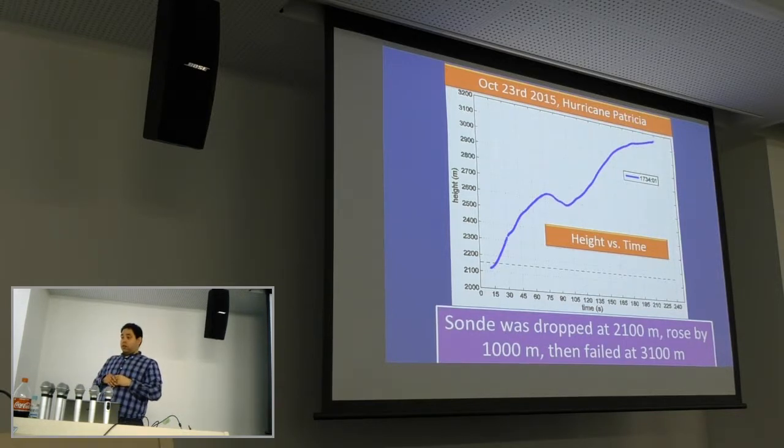Altitude is measured by the GPS, but it's also measured by integrating the hydrostatic equation. And so they're both used in the quality control procedure as a check on each other. But generally, the final height comes from the hydrostatically integrated height.